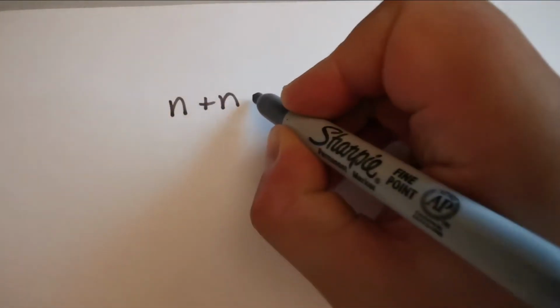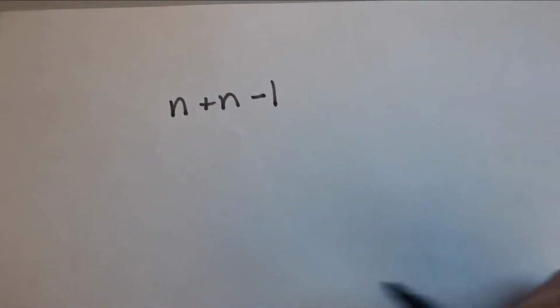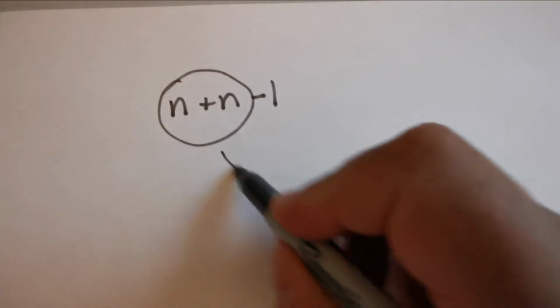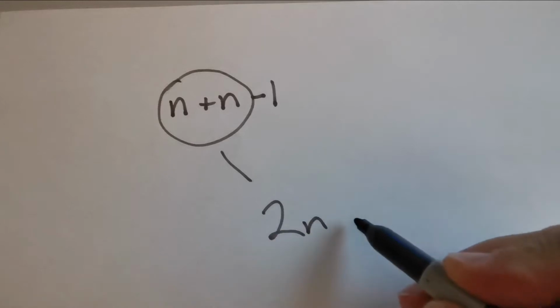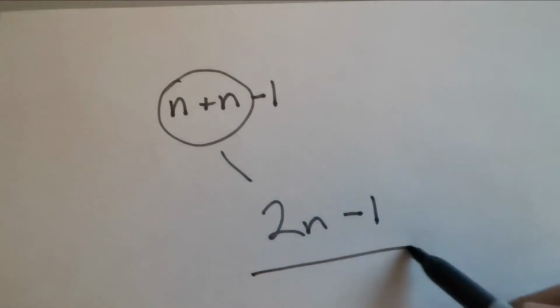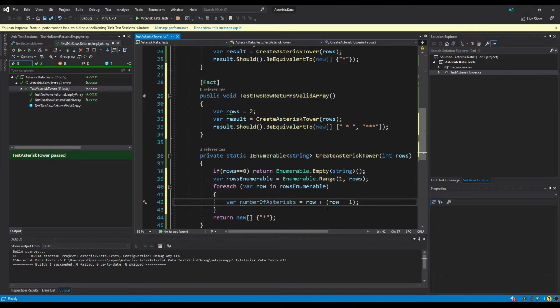So that's not the best notation. We can take that n plus n and make that 2n minus 1. That's a much better equation, so we'll change it to that. So row multiplied by 2, and then just get rid of all the rest apart from the minus 1. So there we go. We now have the number of asterisks.